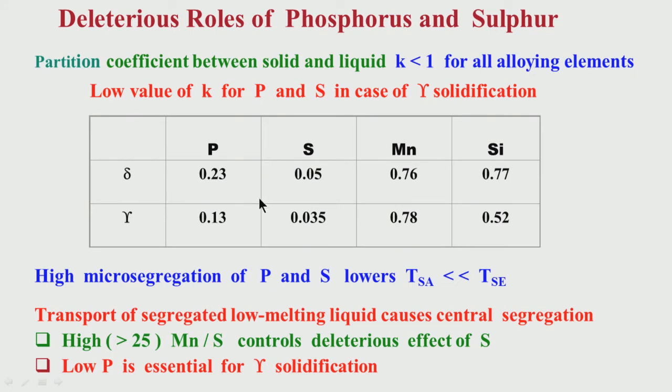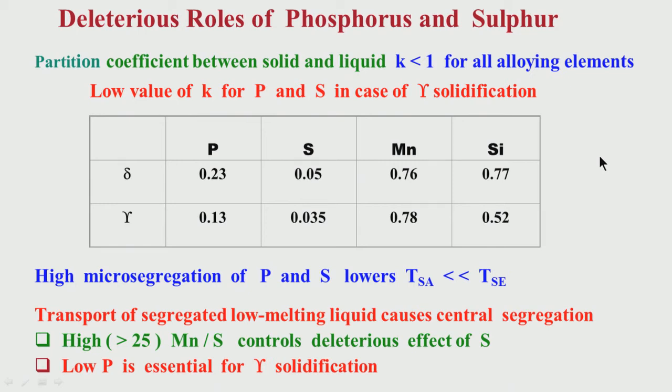Number 2, between delta and gamma, phosphorus and sulfur segregate more when the solidification mode is austenite, that means gamma. That means when the carbon equivalent is more than 0.5, when solidification is taking place through austenite, then you have relatively more segregation than for a very low carbon steel where the carbon is less than 0.1, say 0.07 or 0.05 carbon.